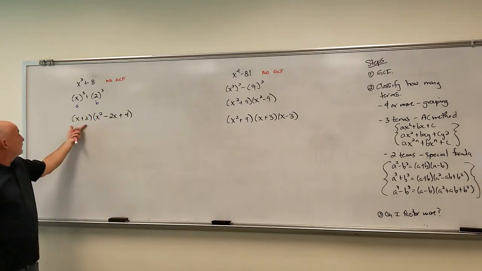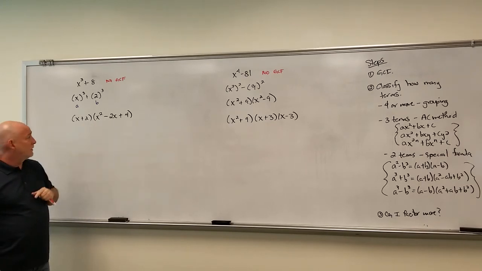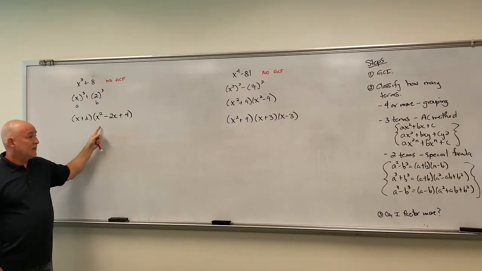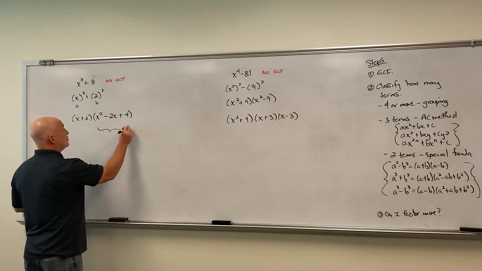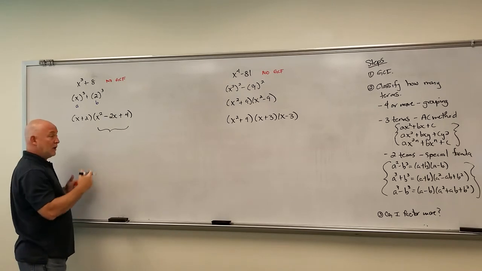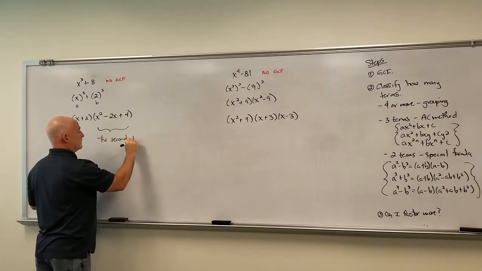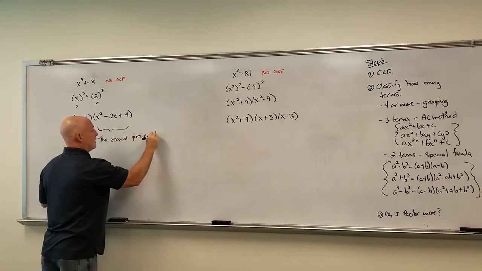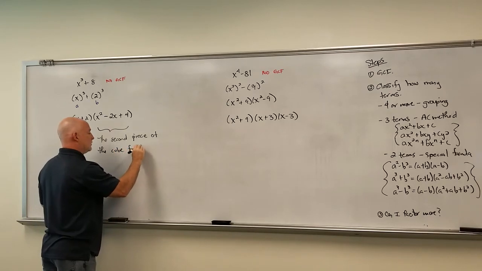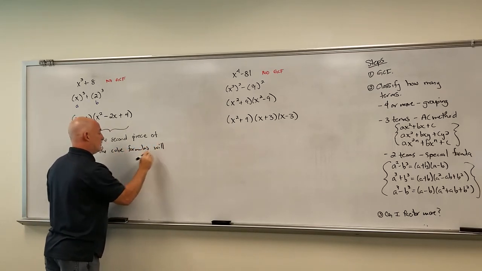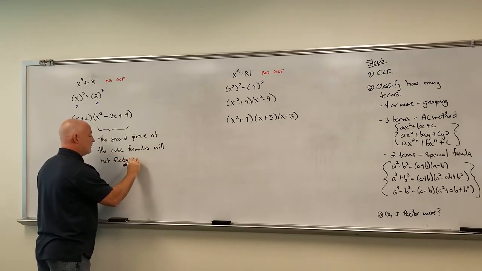So by looking at this, there's nothing else I can do with the x plus 2. But this second piece right here, that looks like the AC method stuff we just did. Give you a nice little hint. As long as you took out the greatest common factor originally, the second piece of the cubed formulas will not factor more.